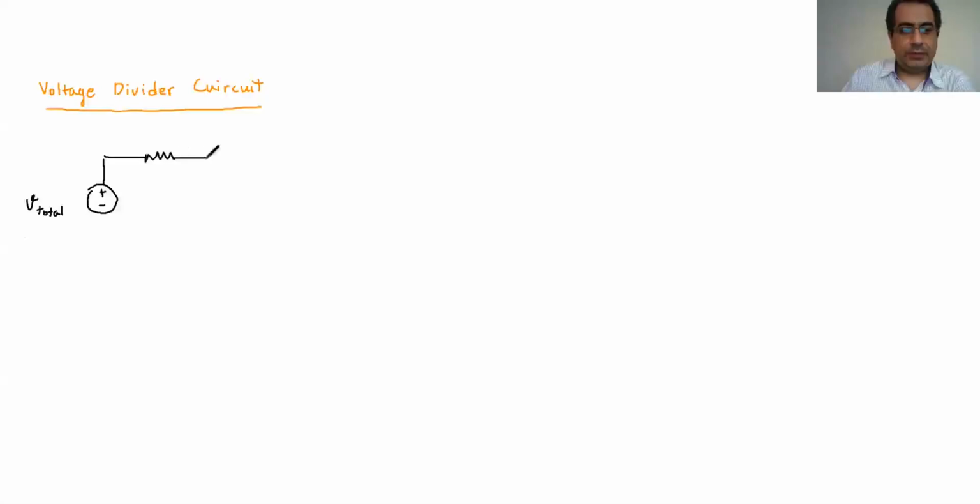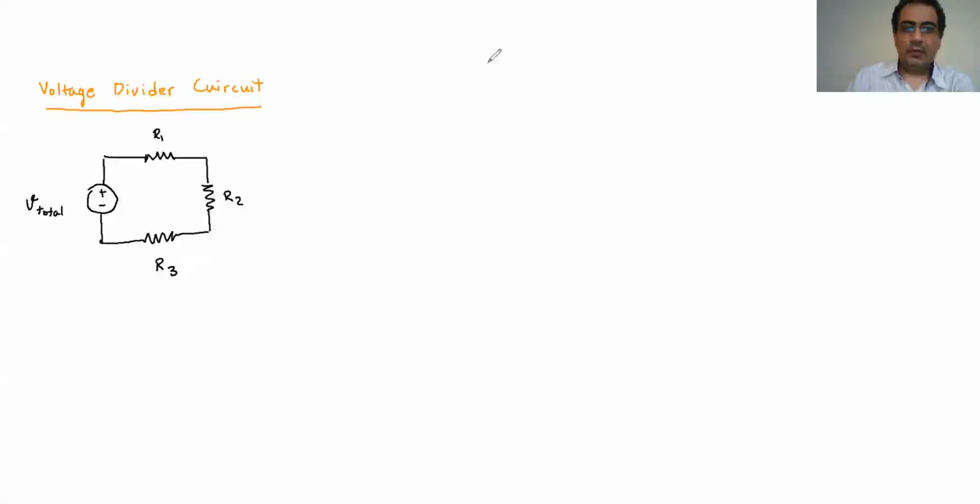For example, assume we have 3 resistances in series. It means that one comes after another, directly connected to each other, and then the last one goes back to the battery. So here you have R1, here R2, and here R3.